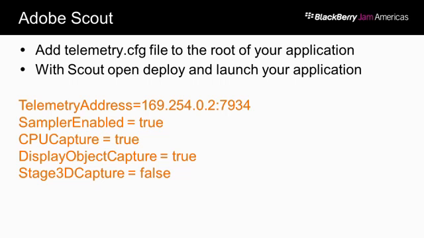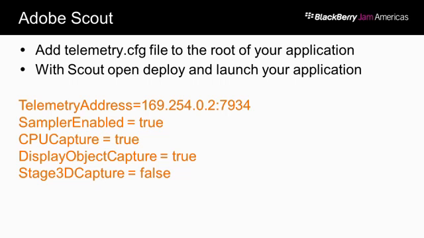I'm not going to go too much into that side of it, but to get it running specifically on our platform, what you need to do is add this telemetry.cfg file, bundle it into the root of your application, and when it launches on the device and you have it connected through USB, it will automatically connect to Scout on your computer. So if we just have a look here.